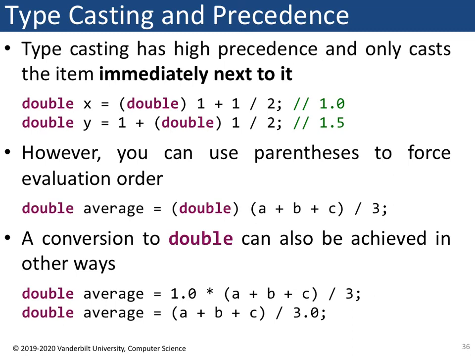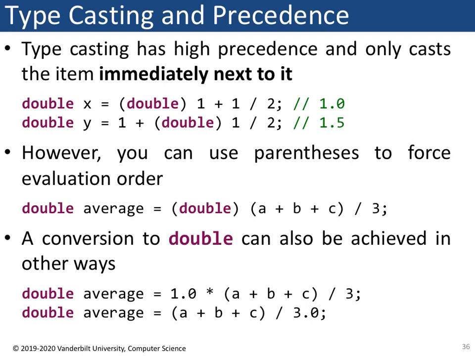Similarly, we have 1 plus typecast double with the integer literal 1 beside the typecast double, divided by 2. So the highest precedence operation here is the typecast. So we have a result of 1 plus 1.0 divided by 2. 1.0 divided by 2, we have a double being divided by an integer, in which case we have a double result.